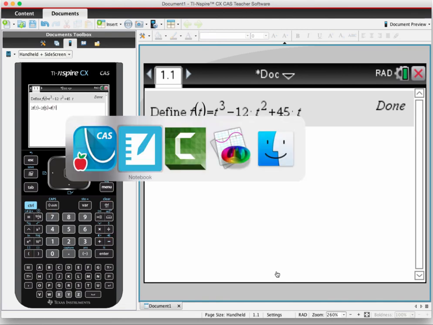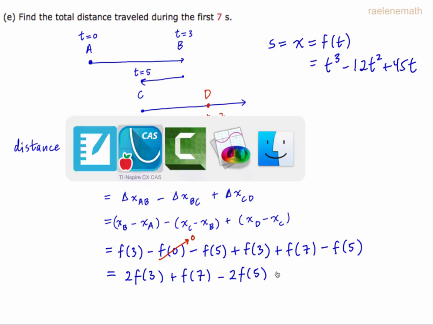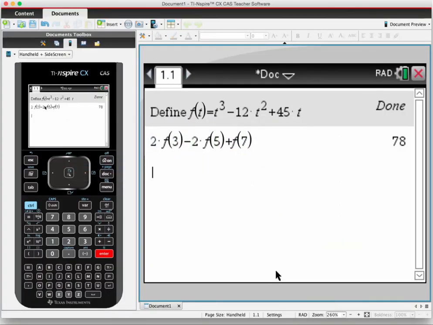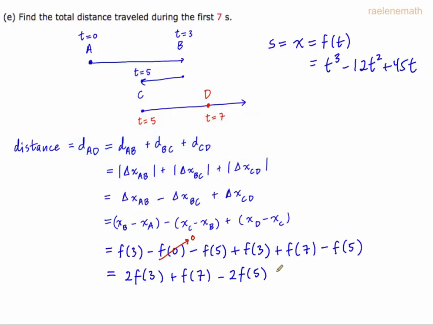Let's just double check that. Yep, minus 2 f of 5 plus 1 f of 7. And so this value is 78. And that makes sense, at least in that it's positive, because we are getting a distance, so it had better be a positive value.